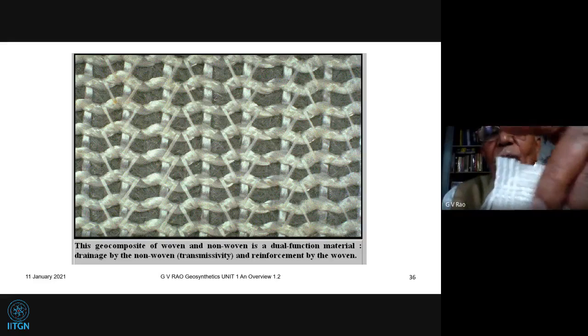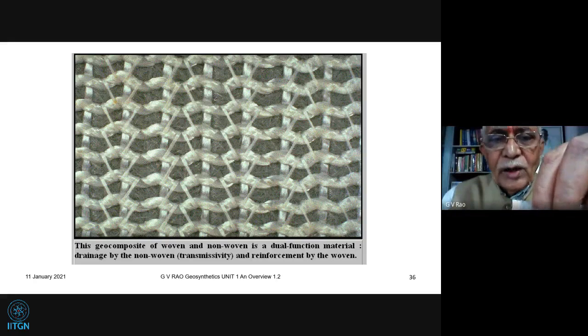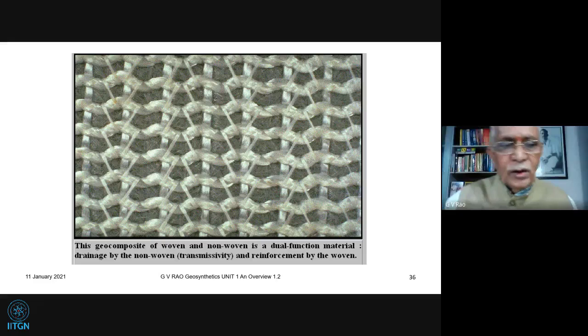It's actually a geocomposite basically, but because the process is knitting also, naturally, some people call it a knitted geotextile, but there is nothing like a knitted geotextile. It is actually a geocomposite of woven and non-woven systems. Okay, so we'll come back on this when we go to composites now.